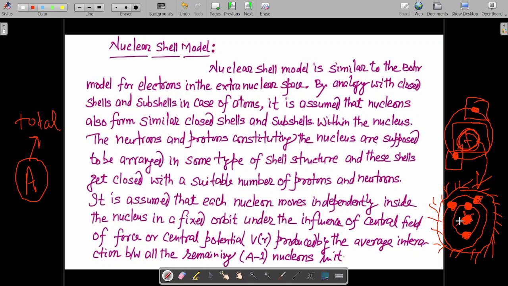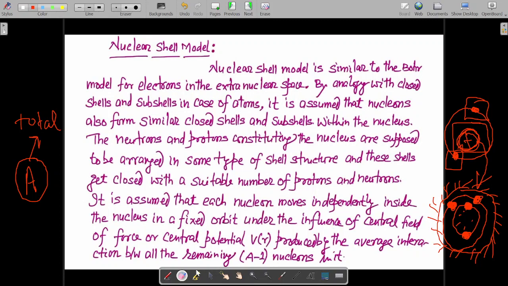Then how are the nucleons revolving? Because of the field created by the remaining nucleons. Over here it is hollow.